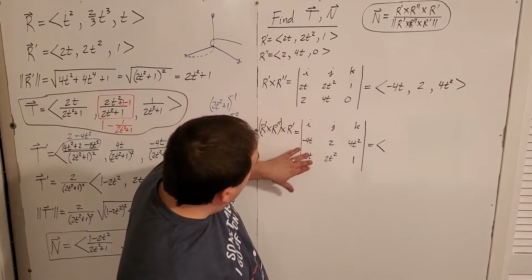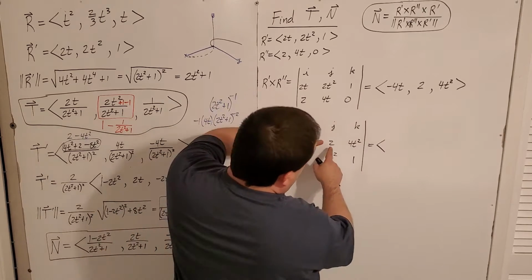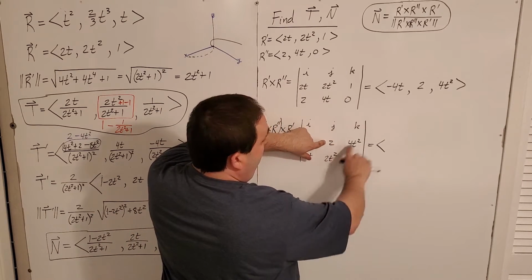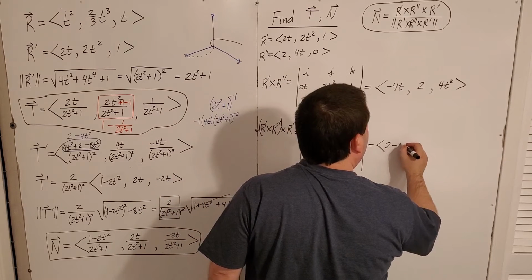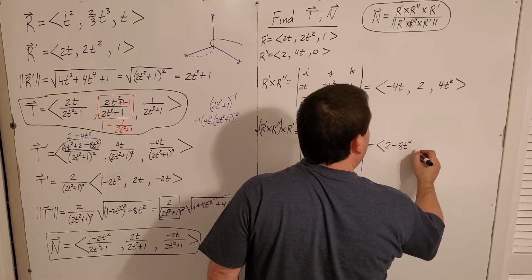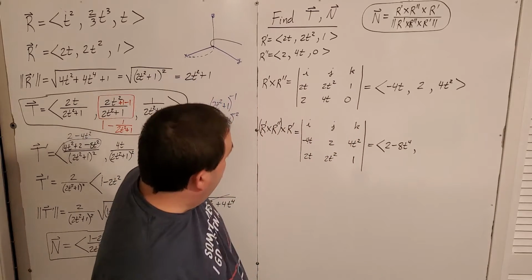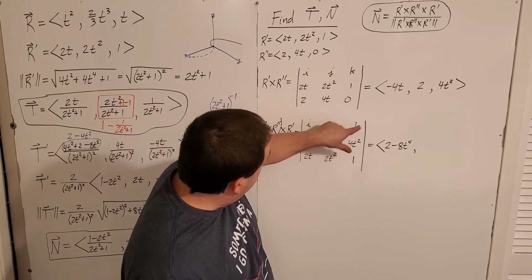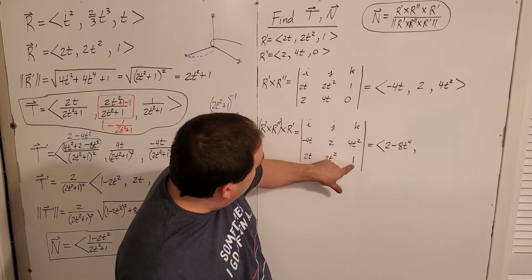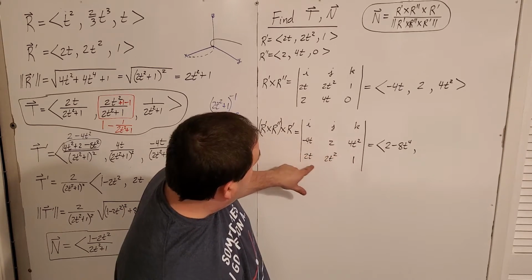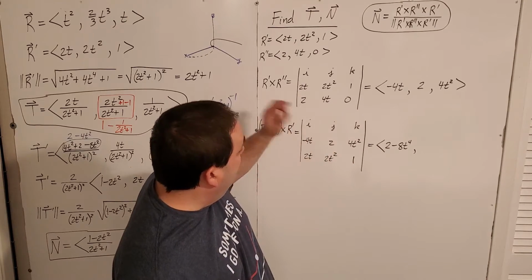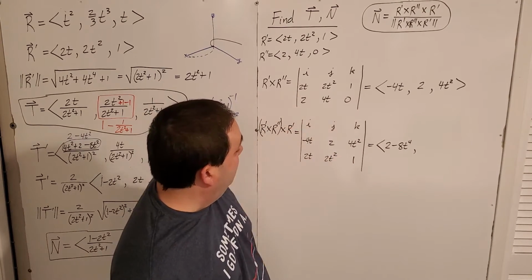If I do my i, I'm going to have 2 minus 8t to the 4th. Next, for the j, I'm going to have negative 4t minus 8t to the 3rd, but it's opposite because j is alternating on that one.